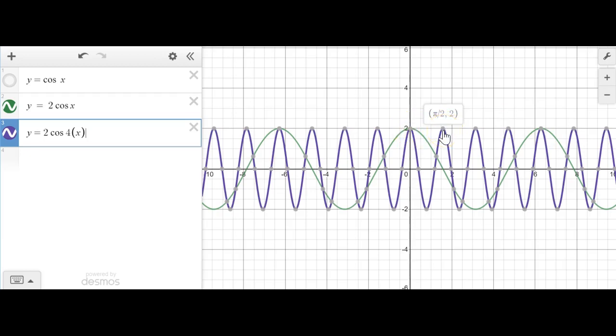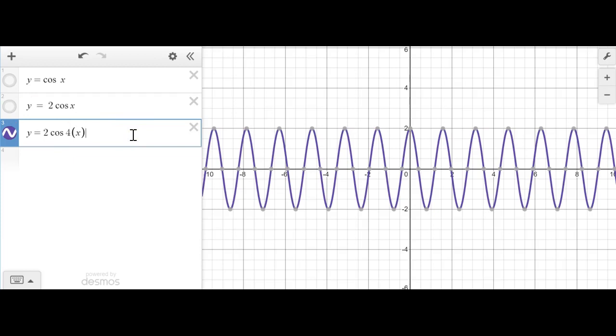And why is that happening? Because I'm dividing 2 pi by 4. 2 pi divided by 4 is the same as pi over 2. My period is now pi over 2. So if I turn off the green graph, I can see now I have a graph whose amplitude is 2, whose period is pi over 2.